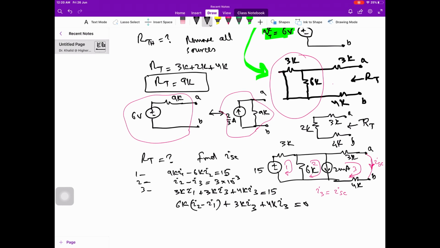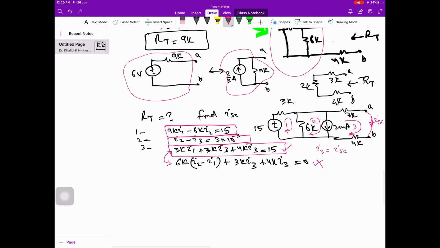Remember these two equations. This equation is essential, and this is essential, and we can choose one out of these two equations. Either we use this or we use this. So let us use this equation over here, and we leave this loop equation.